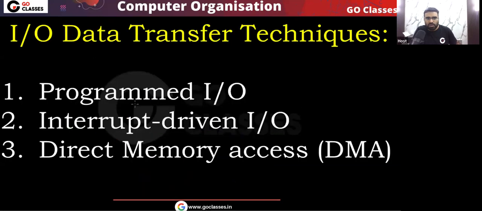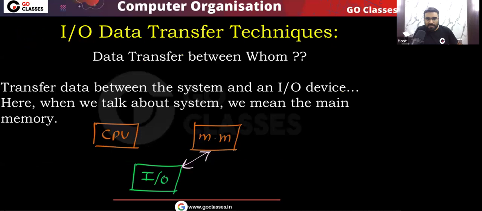In DMA, the name itself is telling you direct memory access. In this third technique, the data transfer between main memory and IO devices will happen directly, without any intervention of CPU.